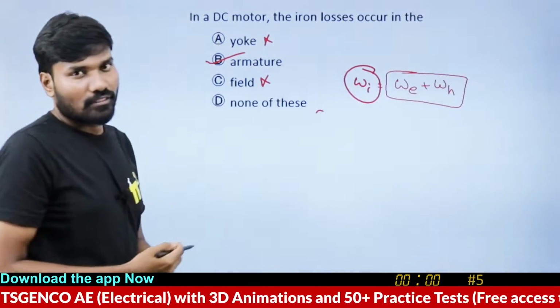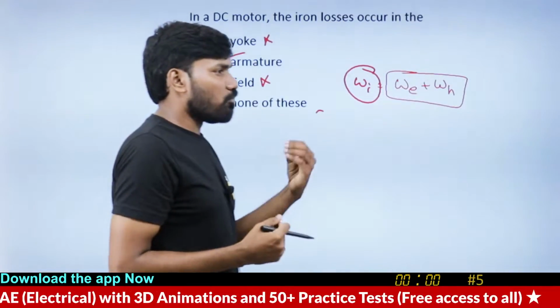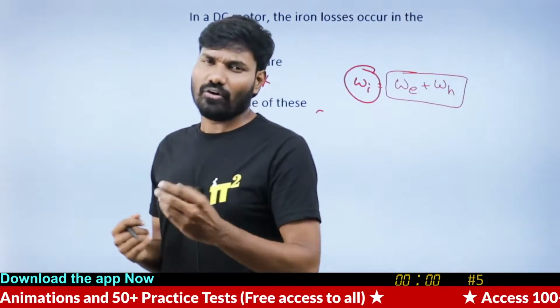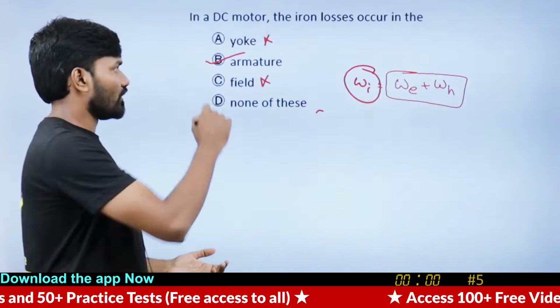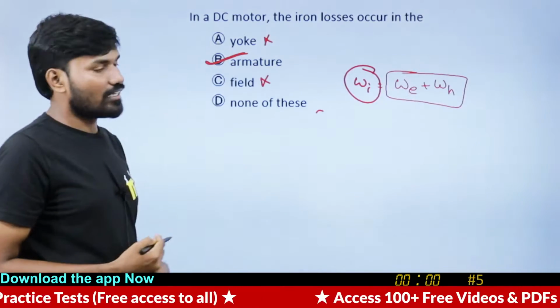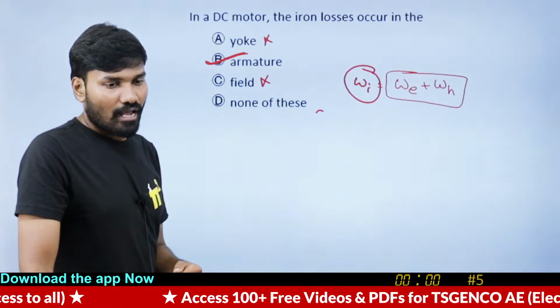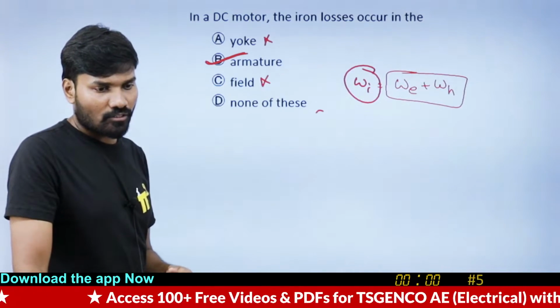No. Now you may say in case of the pole shoe, there is a chance that eddy currents may be produced, but that option is not there. So this is the right answer. I think this is pretty much clear to all of you. Iron losses in a DC machine core.